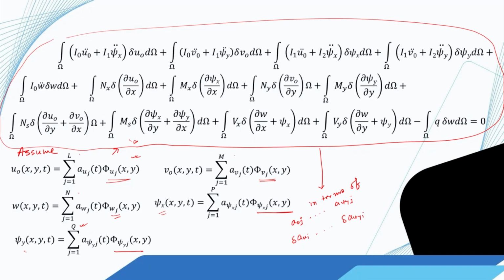Then we can separate the terms associated with delta a ui, delta a vi, delta a wi, delta a psi xi, delta a psi yi, and separately equate them to 0, and that gives us a total of 5 simultaneous equations. We follow the same procedure that we followed for the classical laminate theory, only thing is that we have to incorporate these terms also. If we do that, the final set of equations that we get are these.